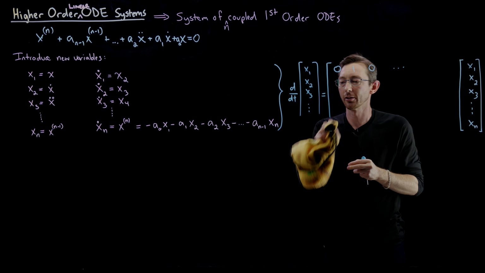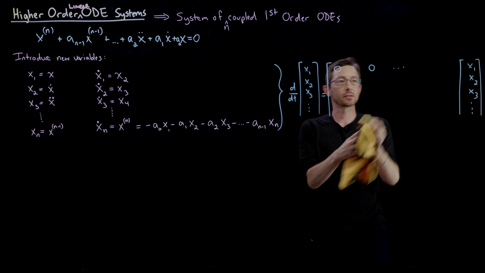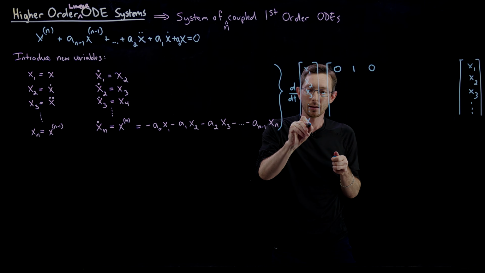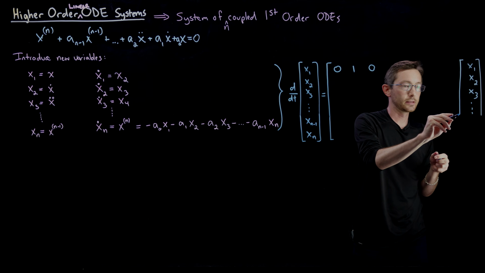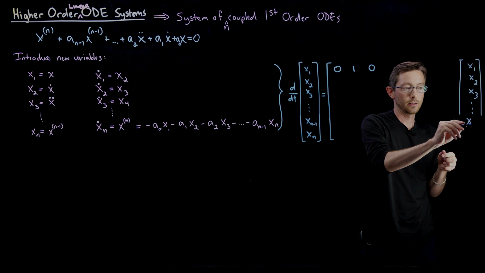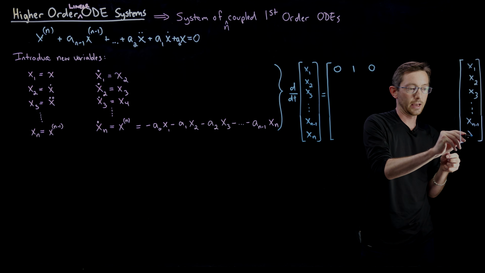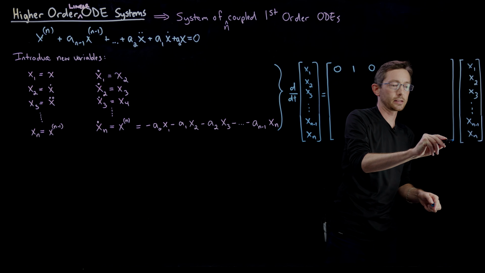I think you're going to thank me later if I add one more row for xn minus 1. I'll make this a little bit more concise. So x1, x2, down to xn minus 1, xn. Good. And now this big matrix here.